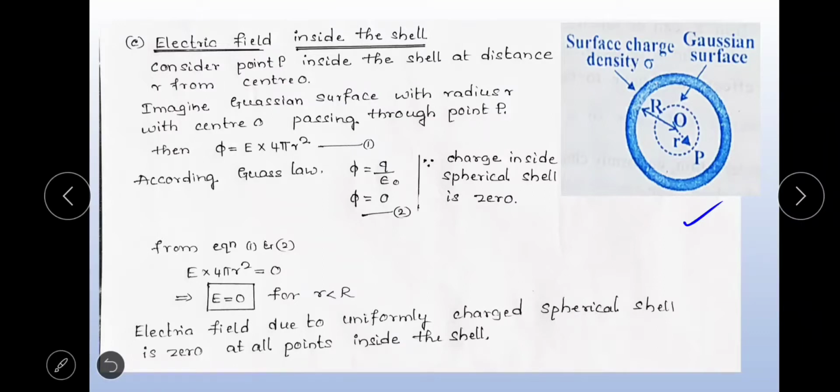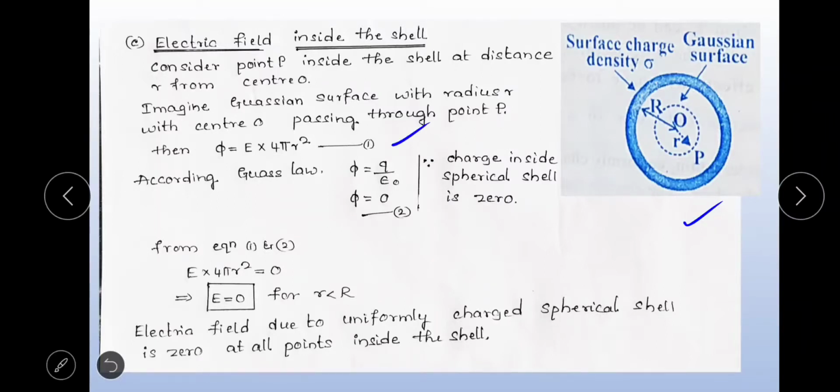Here cos theta is equal to 1, because angle theta is equal to 0 degree. Hence we are left with E into delta S. Delta S can be written as 4 pi r square, because 4 pi r square is the area of the Gaussian surface having radius small r. Okay, right. So call it equation 1.